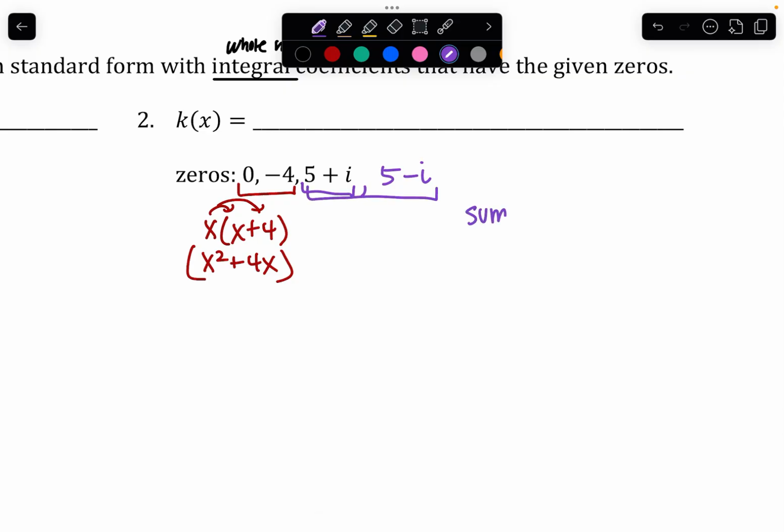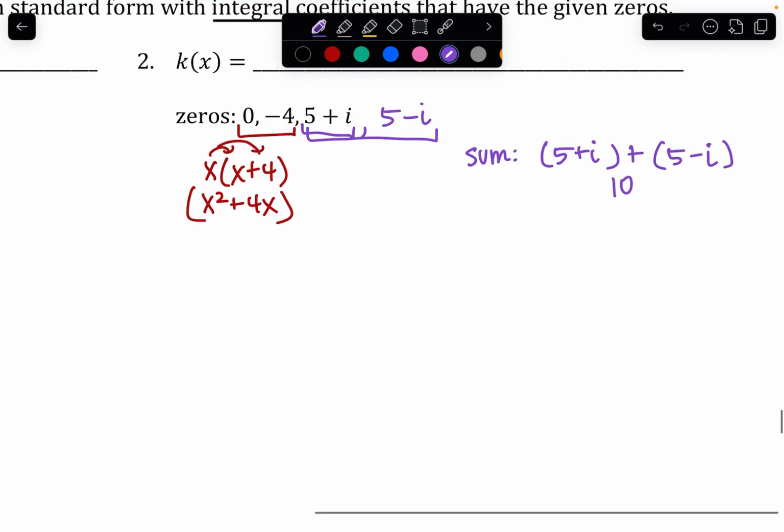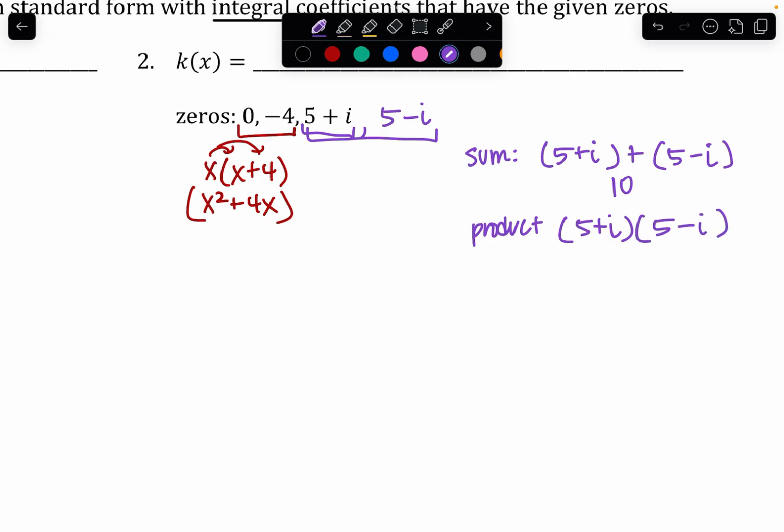And so the sum of those, the i's would cancel and leave me with 10. The product, we have to FOIL, and your i's should cancel.